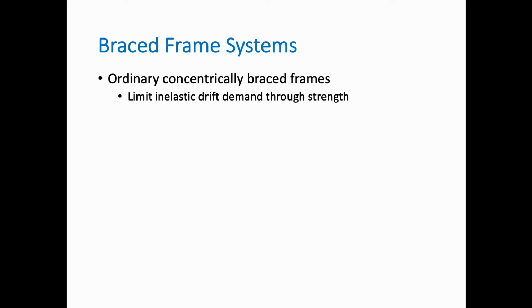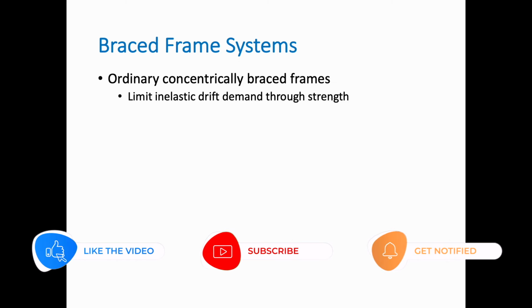Alright, so here we'll start with the braced frame systems. To begin with, we have the ordinary concentrically braced frame, and this is limited by the inelastic drift demand through strength.